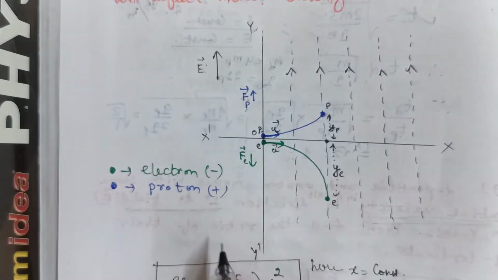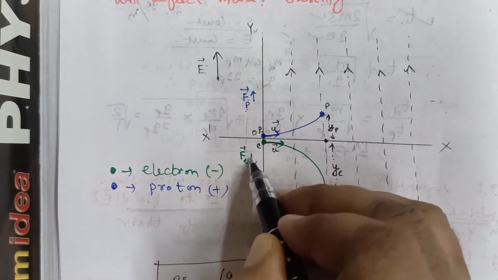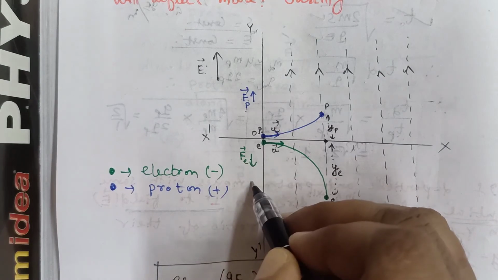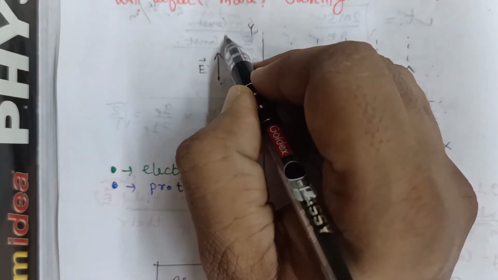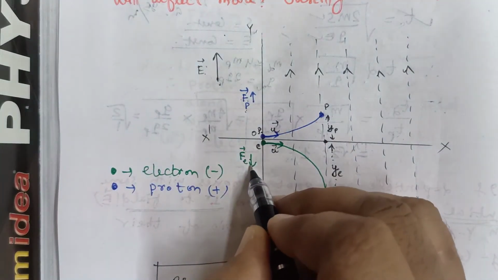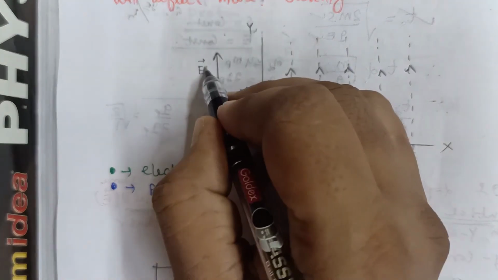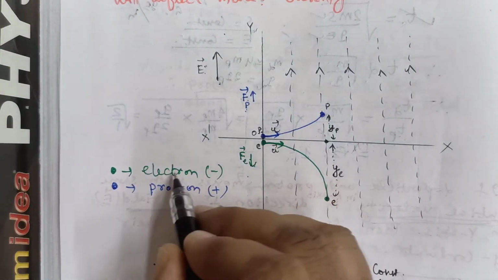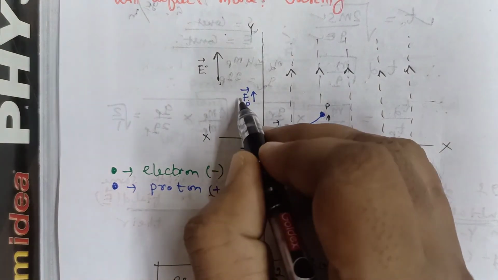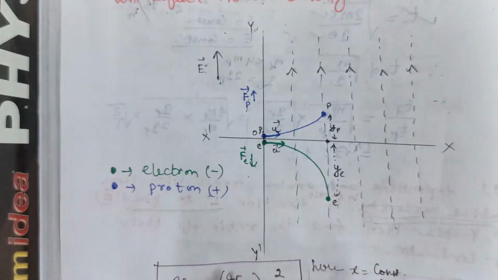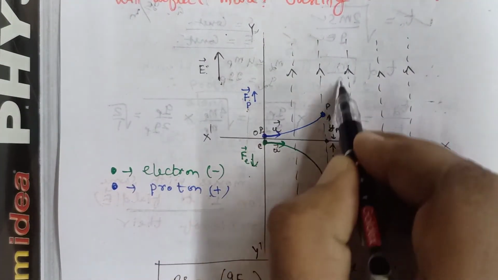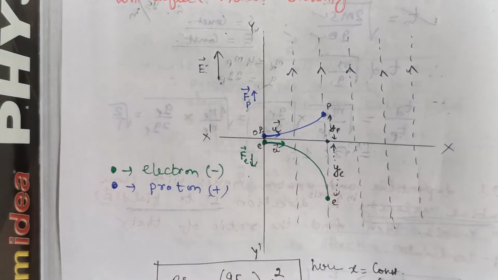But the force acting on the electron is along negative y-axis. Physics says that for a negative charge particle the force is opposite to the direction of the electric field, and for a positive charge particle the force always acts along the direction of the electric field. That's why the proton moves upward and the electron moves downward.